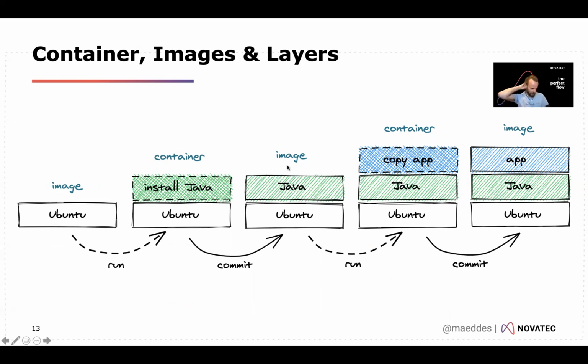Images are always immutable, while containers are the thing you can work with. In this case, you would build a container that brings along a base image, a Java runtime, and a Java application, resulting in a three-layered image that you can distribute all over the world, and everybody can run it without needing to install Java or anything else. They just need to run that container.